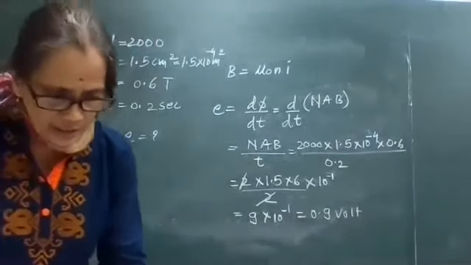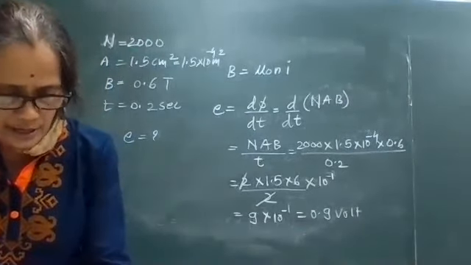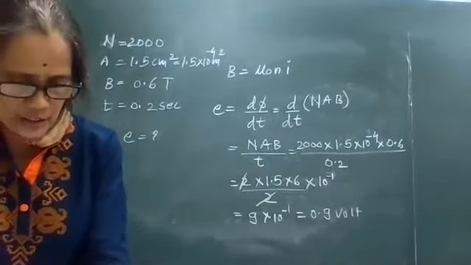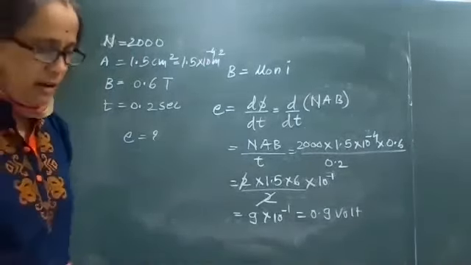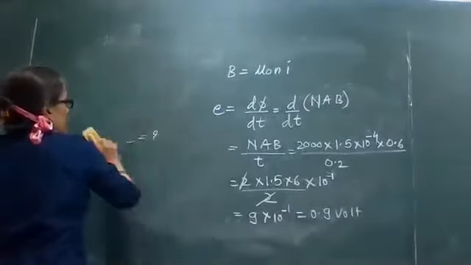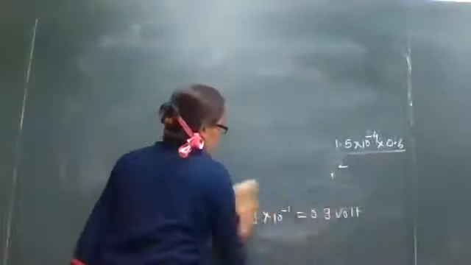Then, see, problem number 9. An aircraft of wingspan 50 meters flies horizontally in the Earth's magnetic field. Now, the drawing is not so good, but still I'll try to draw that aircraft.